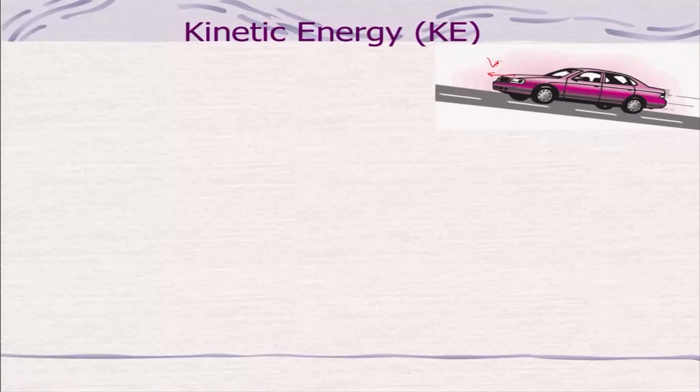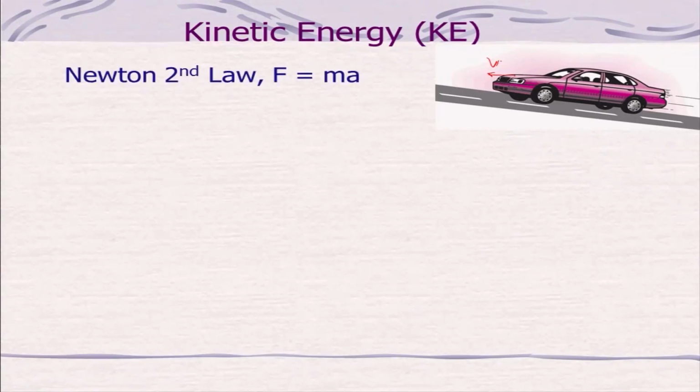The car has to displace something. According to Newton's second law, the force is equal to mass into acceleration. The car will be either at a constant speed, or accelerating, or decelerating. It can be anything.